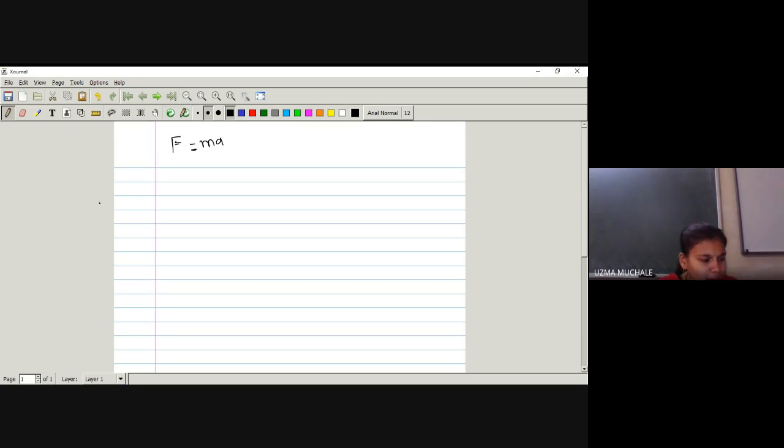For that we are going to consider a single particle of mass m moving in space due to application of a force. Instead of considering any object, we have a single particle of mass m moving in space.